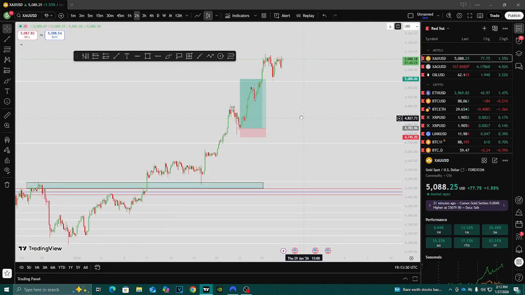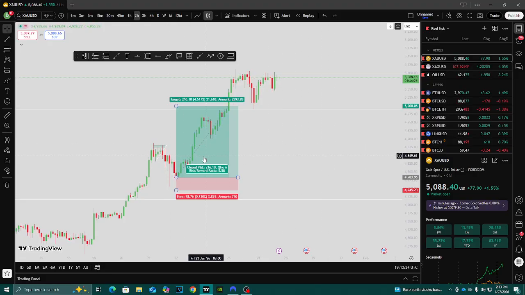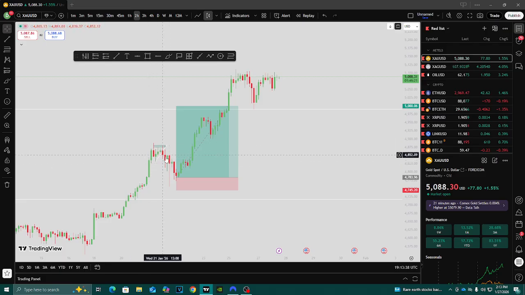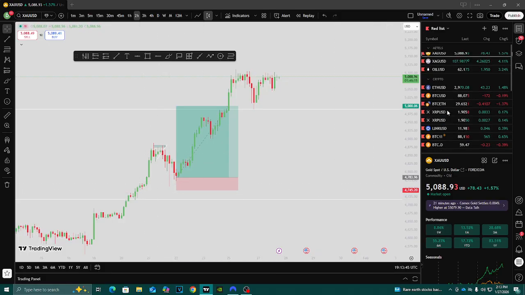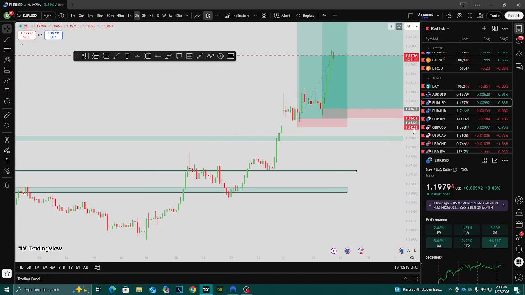We did take a good little snipe from gold from when it last dipped. I think this was the market news when Trump was in Sweden, and we took a crazy snipe on Euro.